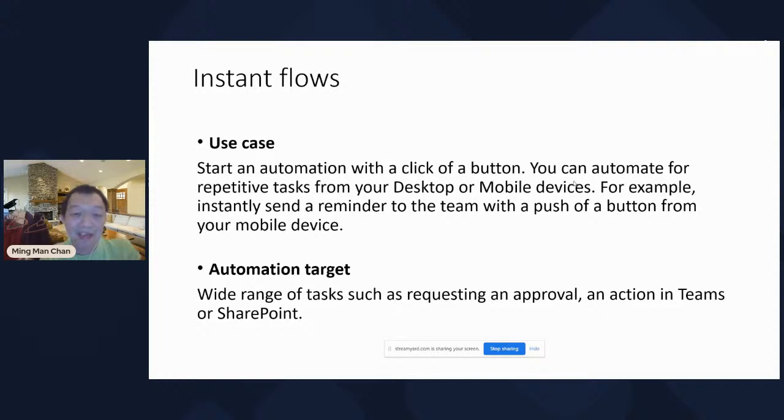You can normally trigger it using a mobile, or put it under Power Apps, which I am not covering so much. The demo I will do is that you can trigger it when you are in your SharePoint document library. In there, you can manually trigger this instant flow. I will demo that to you later on.